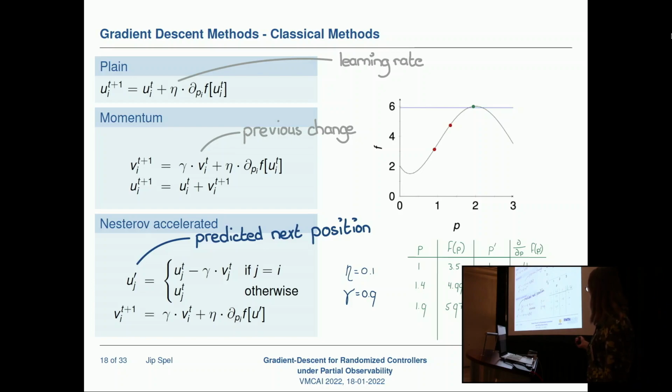And finally, for the classical methods, we looked at Nesterov accelerated, where we don't only look at the gradient and the previous change, but we also try to predict the next position. This helps us to not go over the optimal value. So these were the 3 classical methods we considered.